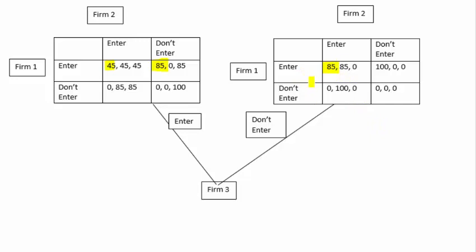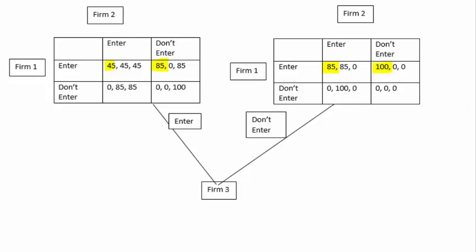Now, if firm 2 were to not enter and firm 3 was to not enter, firm 1 would decide between 100 or 0, and as we can see, 100 is bigger than 0, so firm 1 would choose to enter. And since firm 1 always chose to enter, firm 1 has a dominant strategy of entering the market, and a dominated strategy of don't enter the market.